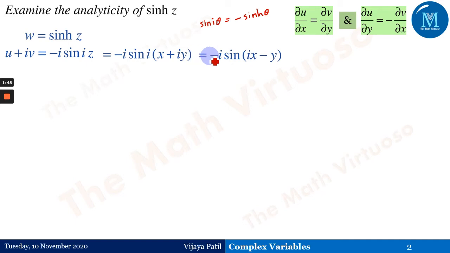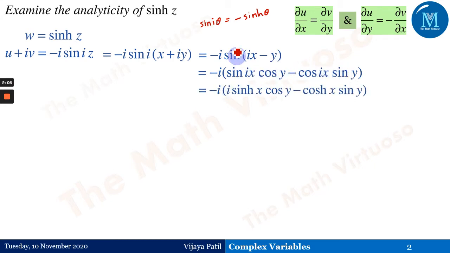So this is nothing but minus i sine of (ix minus y), because we have just taken this i inside. After that, this is nothing but sine of (a minus b). Sine of (a minus b) gives the expansion sine a cos b minus cos a sine b. The same thing we have done here.